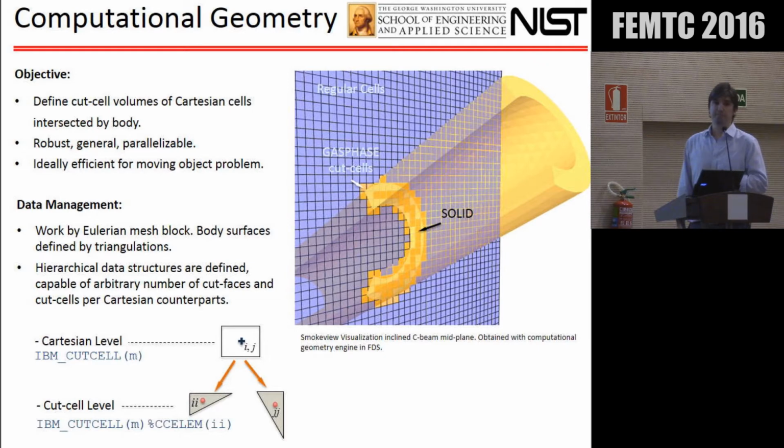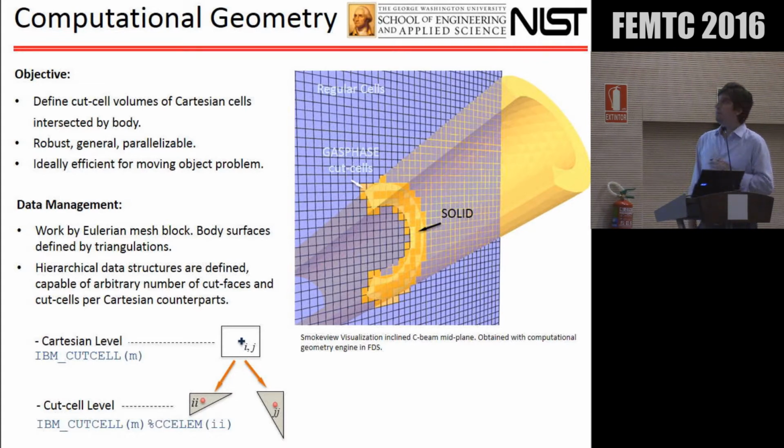We would like it to be as robust as possible, to be general, treating as many types of objects as possible, and also to be parallelizable, which means we can use it in computing in parallel mode. And ideally, we'd like it to be efficient in such a way that we can repeat this process at every time step or every set of time steps when we have moving objects.